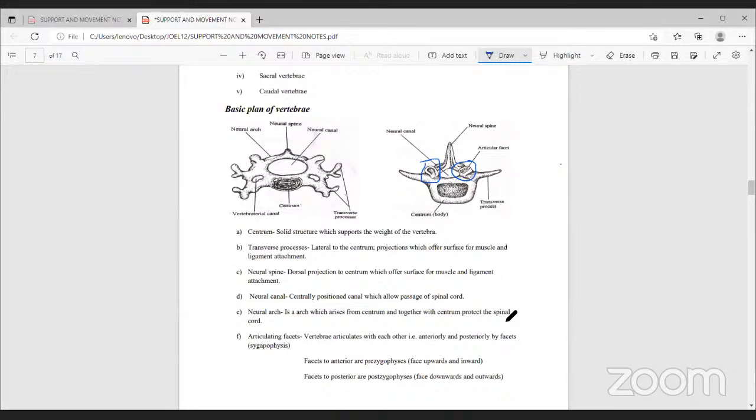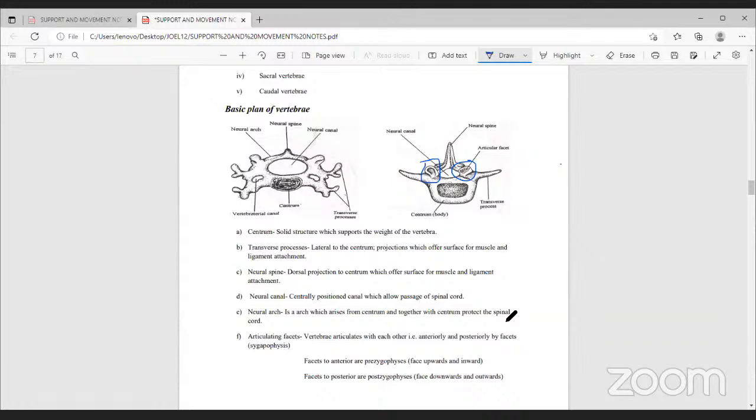Full stop, another line, you say that the facets on the anterior end are pre-zygapophysis. In brackets, you say they face upwards and inwards.